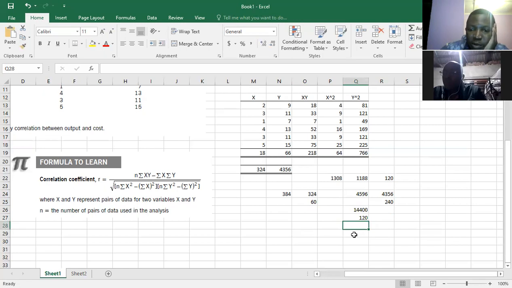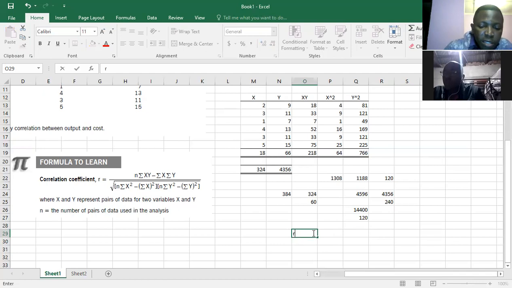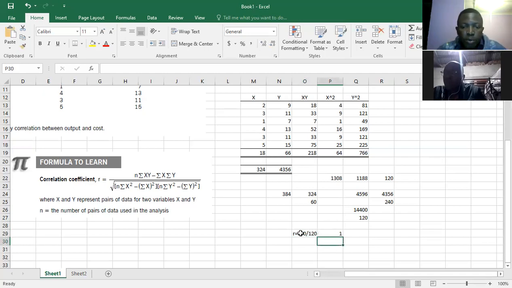120. So it seems there is perfect positive correlation because our formula now has 120 on top. So the correlation coefficient will be 120 over 120, which is 1. So it's perfect positive correlation.